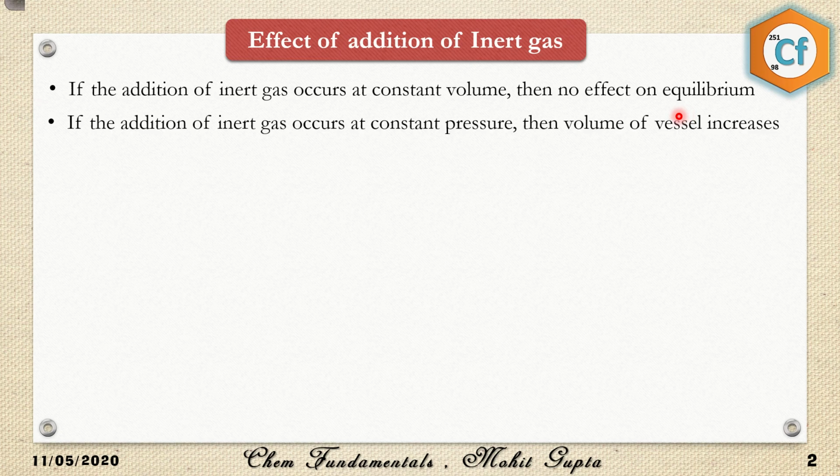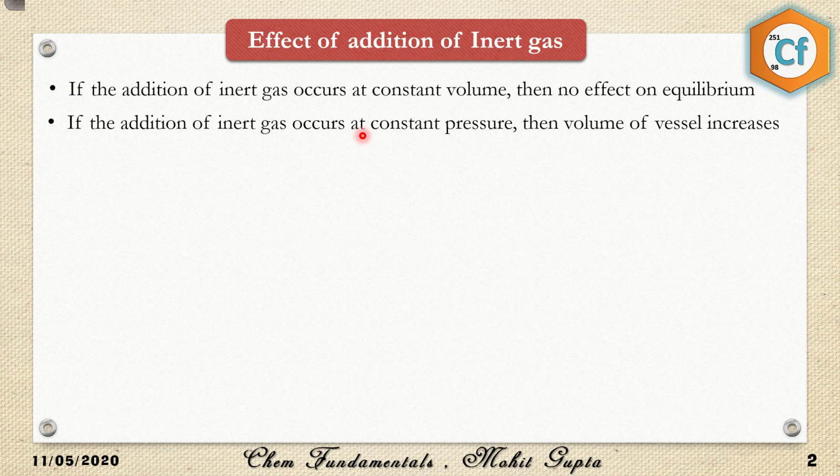The next is addition of inert gas at constant pressure, which means the initial pressure which was 1 atm and the final pressure is again 1 atm. Now, during this introduction of inert gas, no pressure increases or decreases. How is that possible? If you introduce a noble gas into the reaction chamber, then internal pressure increases.